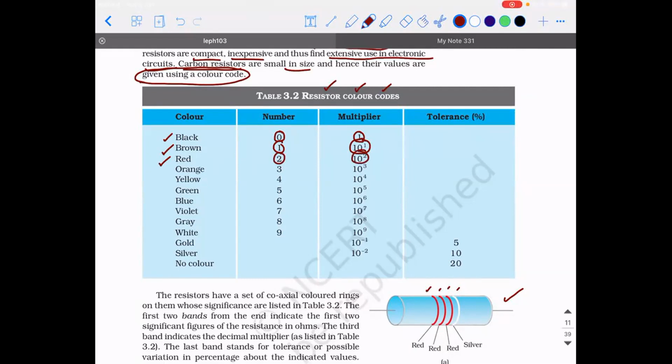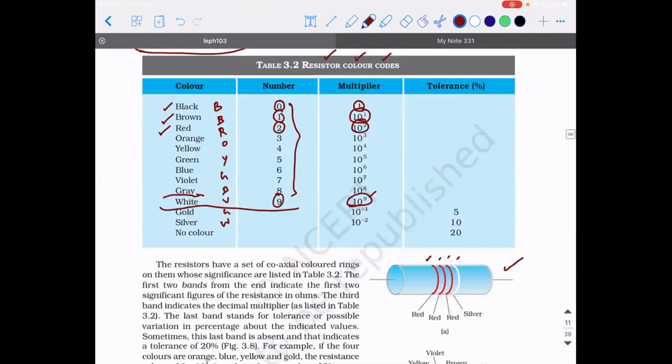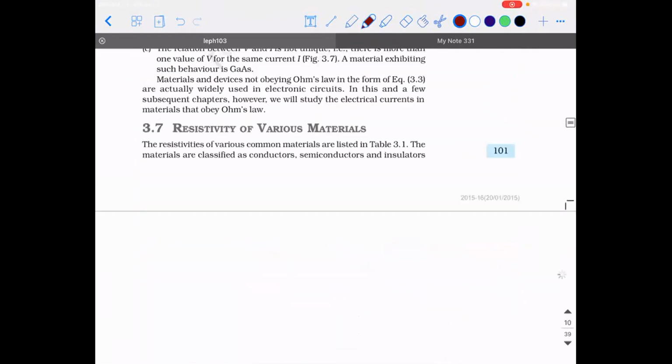In a similar way, black, brown, red, orange, yellow, green, blue, violet, gray and white. So these are all the colors which have numbers associated with them, and you have a multiplier available for them. That is this number which is put as the power of 10. And the last one is there, no?